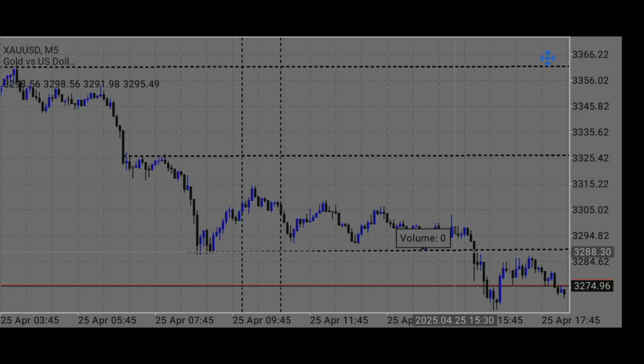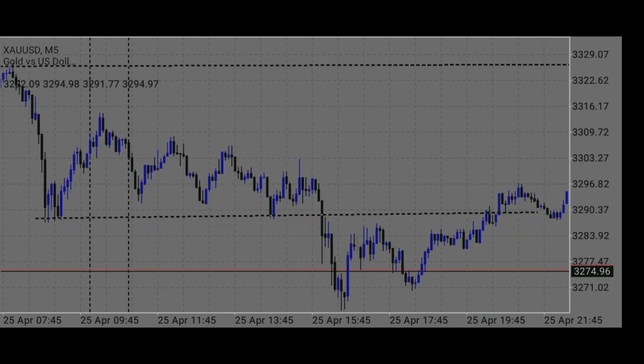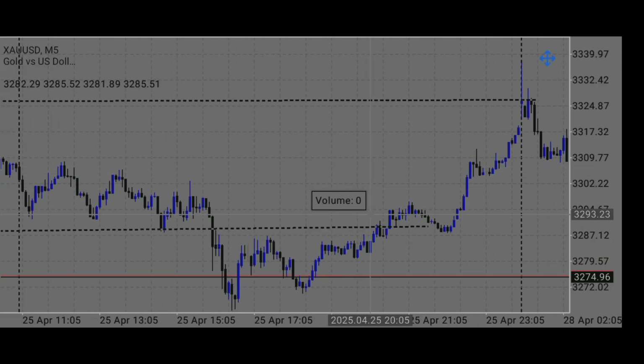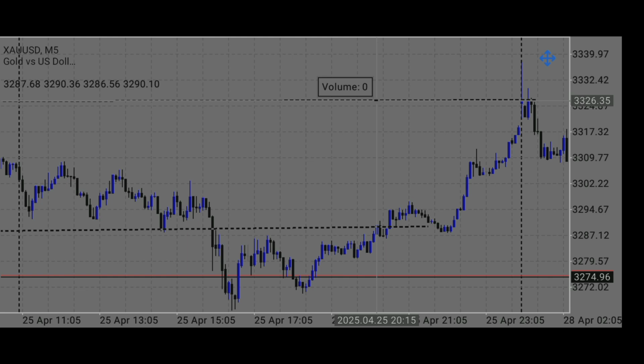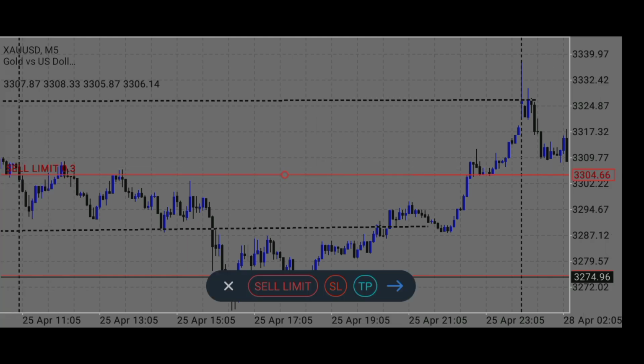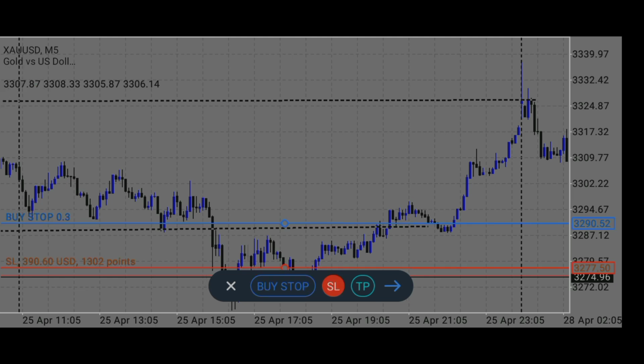We mark the low, and when price gone above the low, we will buy from here to the high of the Asian session. So we will buy from here, $1,000 again.